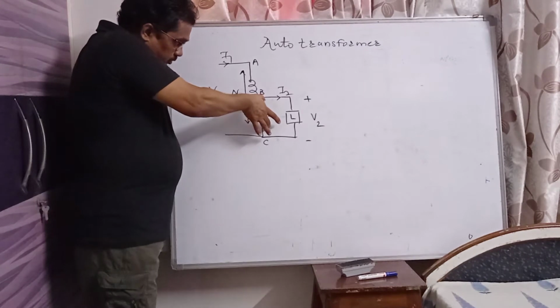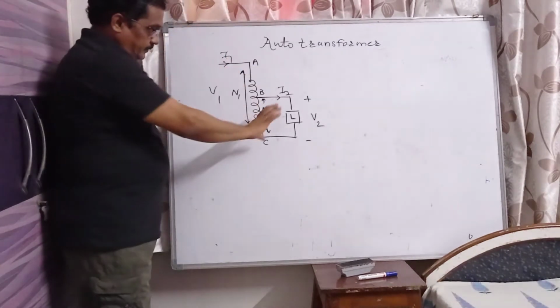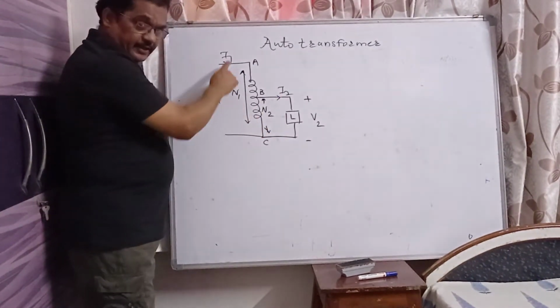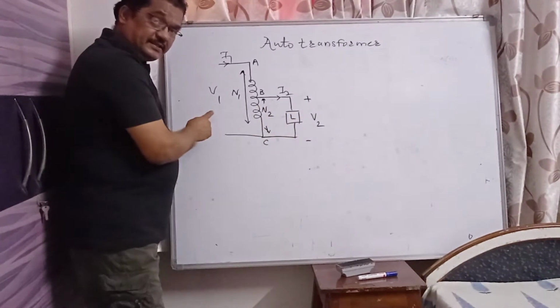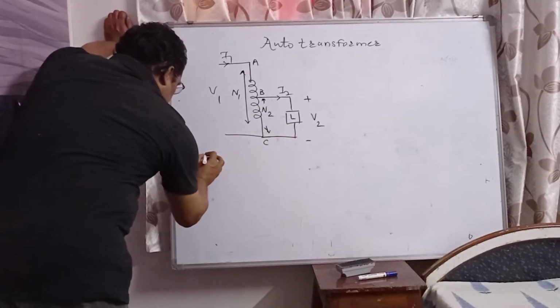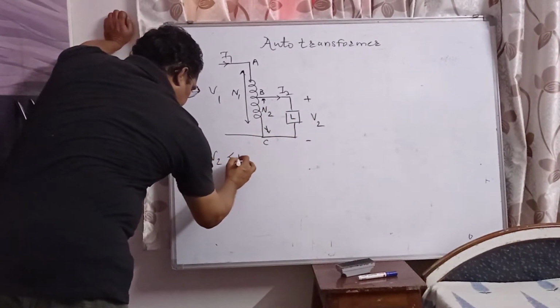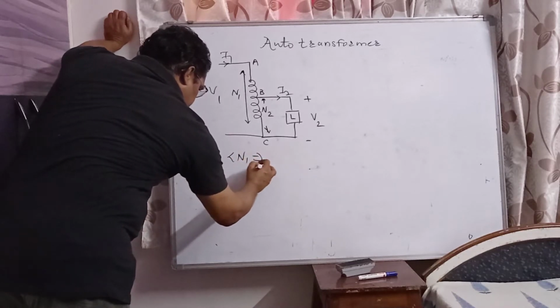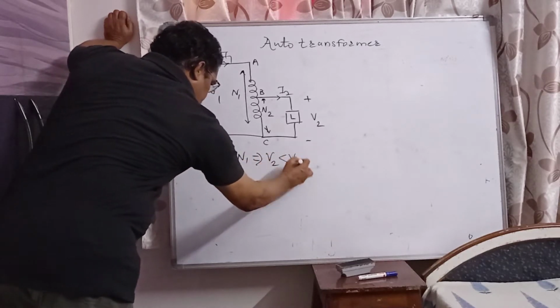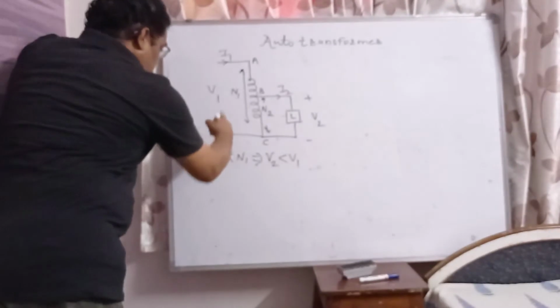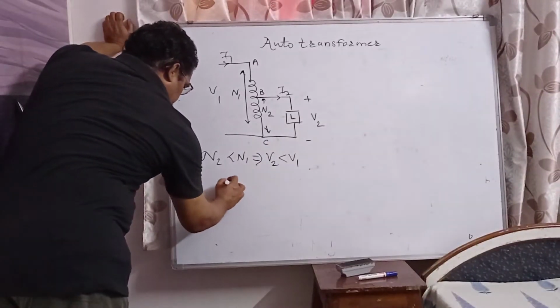N2 is less than N1, so naturally V2 will be less than V1. So this is known as a step down transformer.